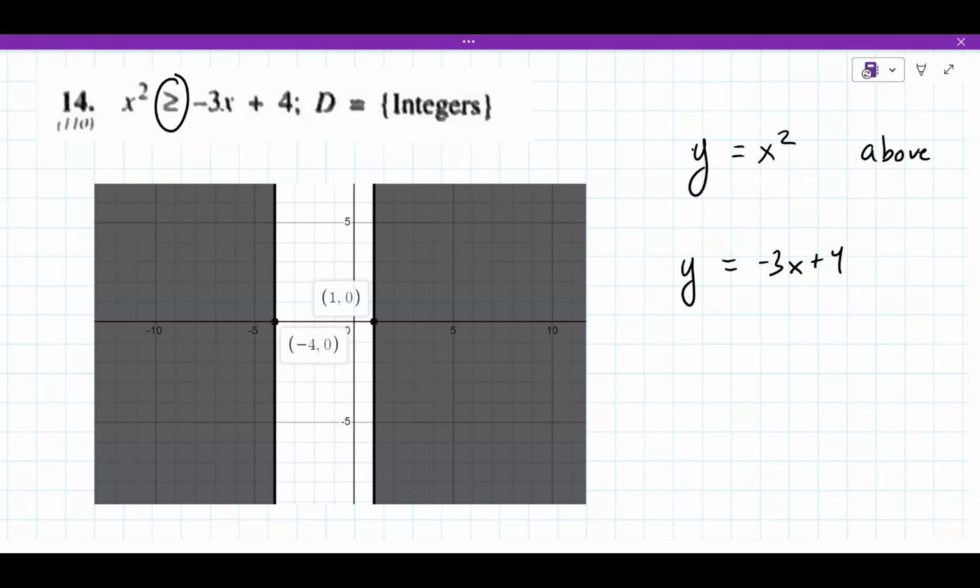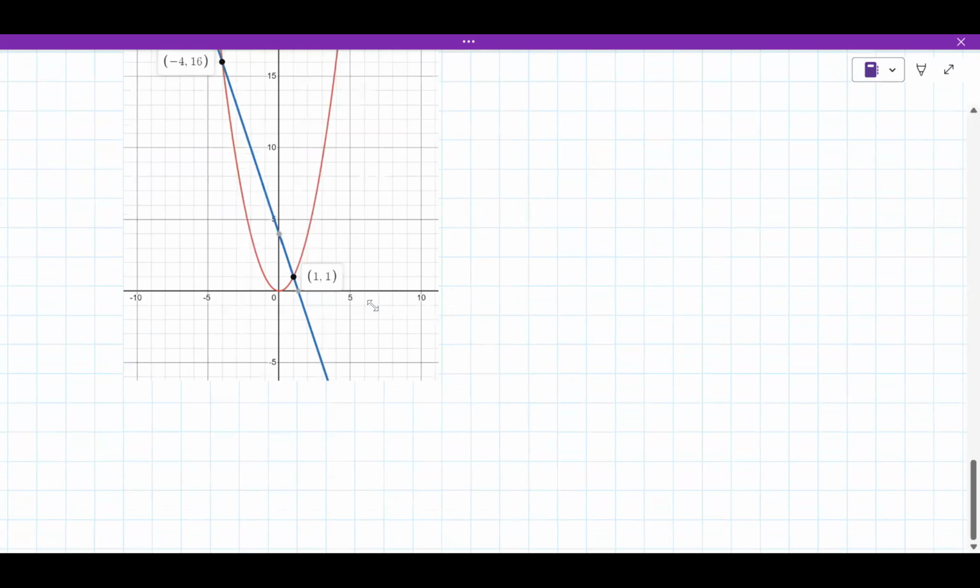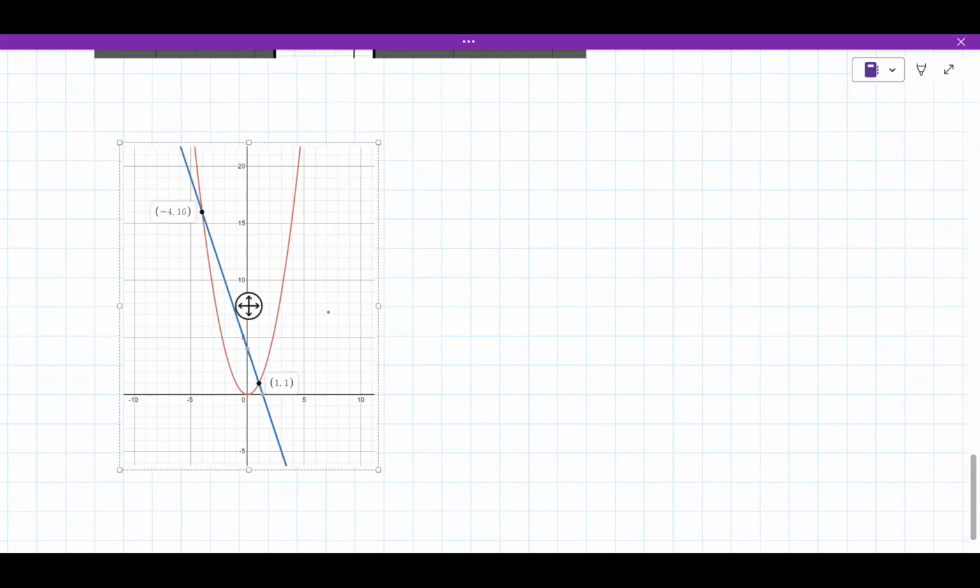Now I'd like you to try to graph that. You have to be very careful when you use these tools, because it's so easy to not really know what the answer is or why it's the answer. Let me snip this in. Here you'll see we're basically asking where the red is above the blue.